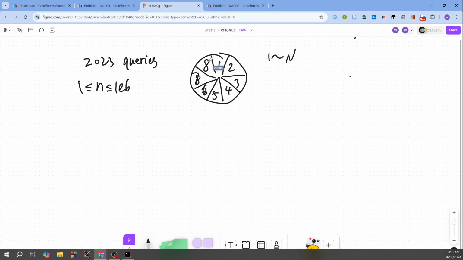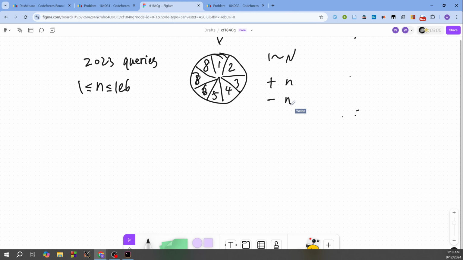So basically, you have a pointer pointing to a given sector, and it allows you to interact with the judge machine by sending plus a number or minus a number. This means that you can rotate the wheel by that many sectors and return the number on that sector.